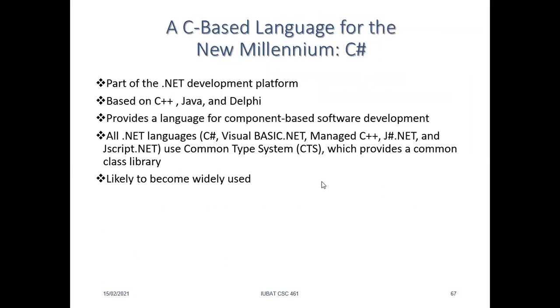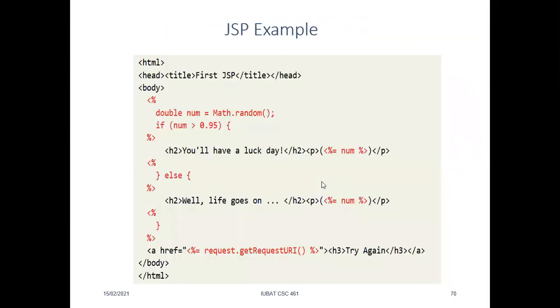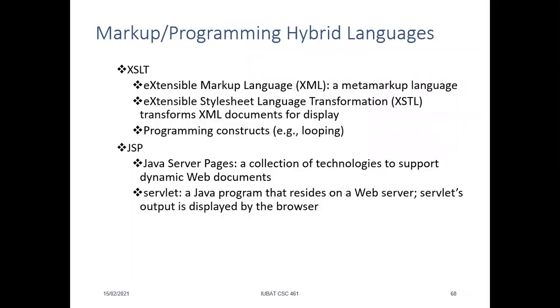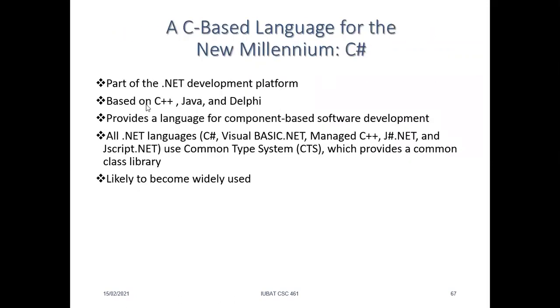And finally, we are at the end of the chapter. Yes, we just have some examples. So this is C sharp, as I was talking about. From the Java programming language, it was based on not only Java, but C++ and Delphi as well. We needed a programming language that was component based so that we could develop software faster. Keeping that idea in mind, to make application or software development much faster, they introduced the idea of the .NET platform.